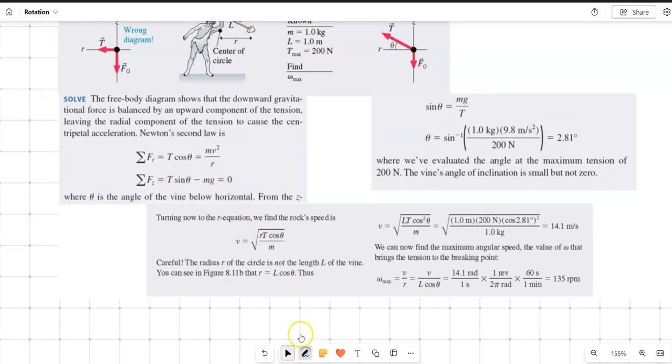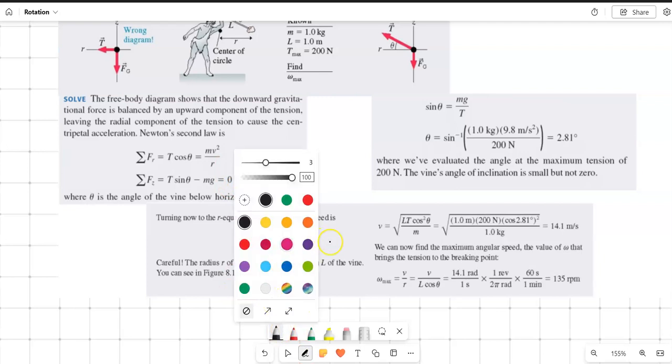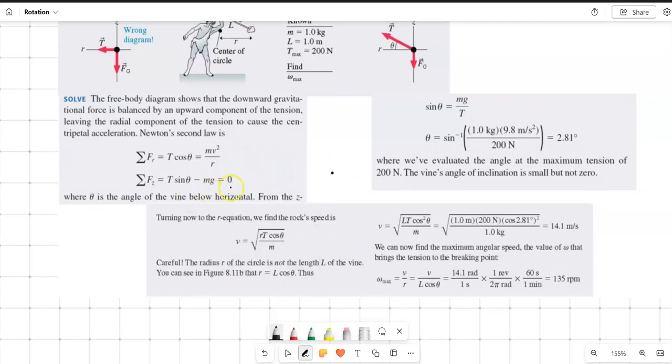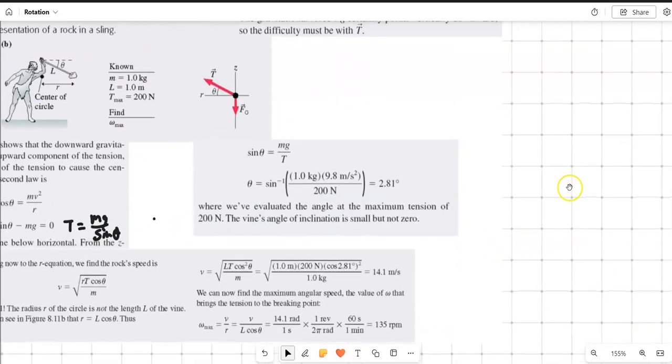So I'm going to mark this up. One interpretation of the tension in the rope is that T equals mg over sine theta. Then if we take that and plug it into here, I'm going to do this off to the side.